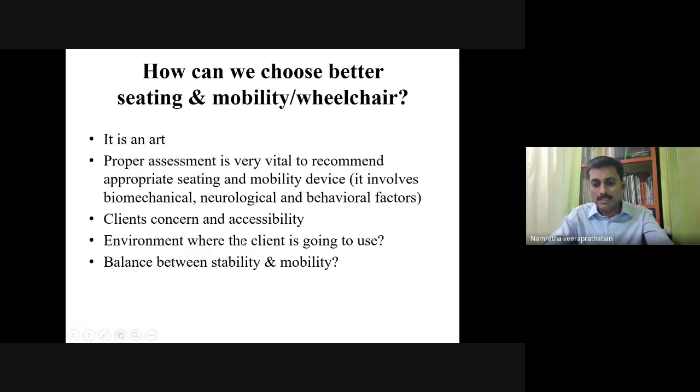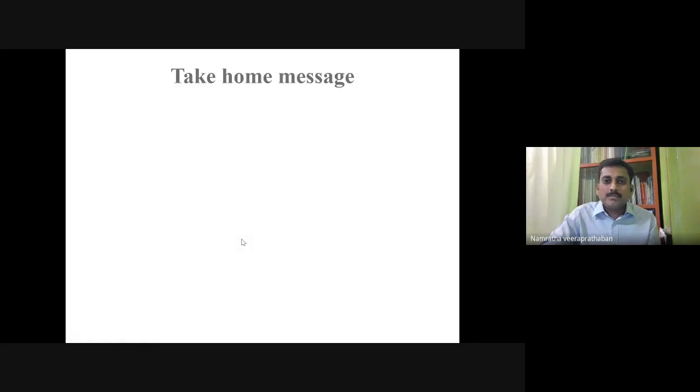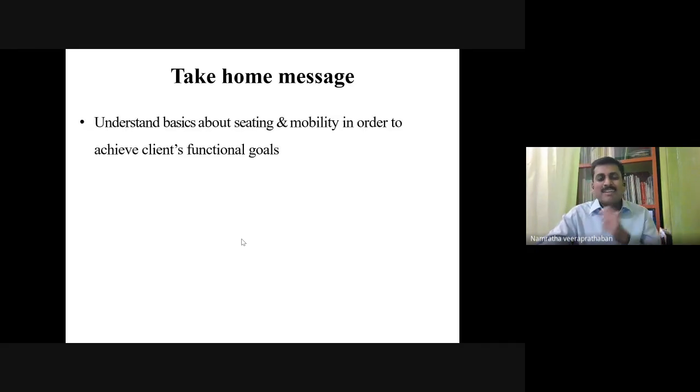All right. Now, take home message. Understand the basics about seating and mobility. If you understand the basics about seating and mobility, you can serve a lot of the disabled population and you can achieve their functional goals.